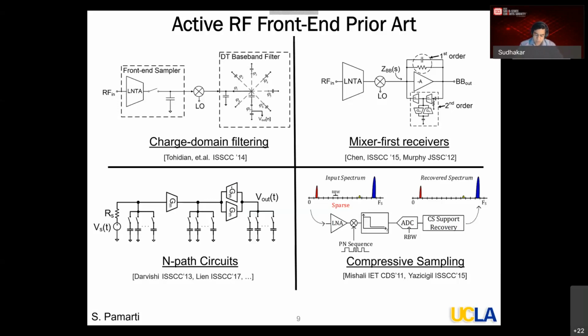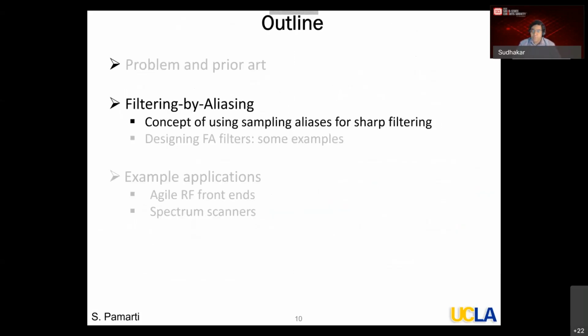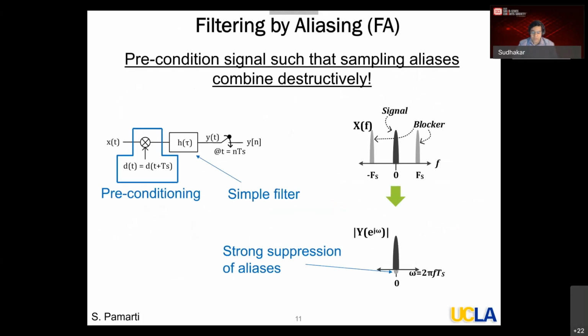Okay. So with that preamble, let me get to this central idea of ours, which we call filtering by aliasing. It's basically a time varying circuit. So let me describe it. Simply put, we want to address this notion that we have to remove the aliases before sampling head on.